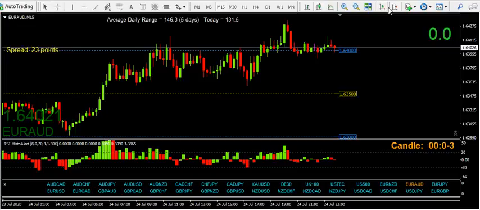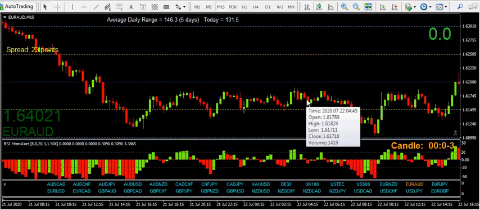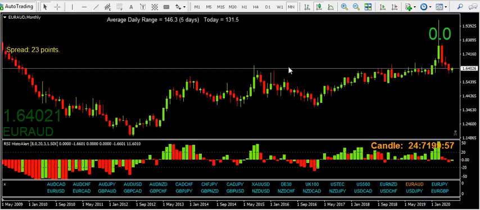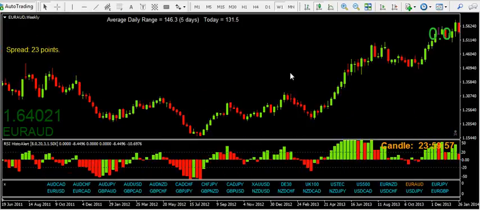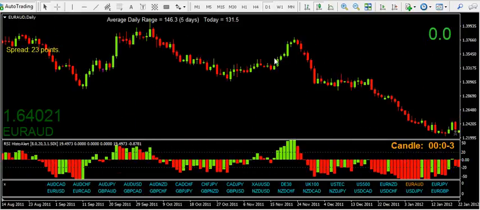Let's take the scroll off, and if you didn't know what this was over here, you wouldn't know whether this was a 15-minute chart or a monthly chart or a weekly chart, and so on and so forth. You get the picture. You cannot tell the difference, and that is the whole thought process with my method.